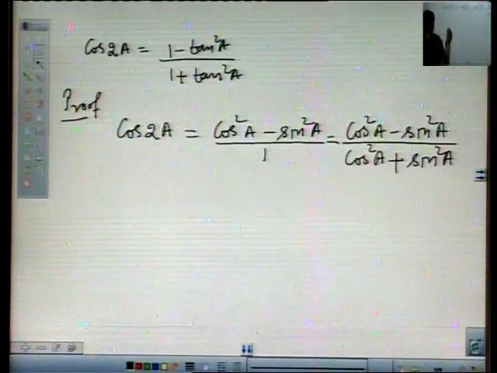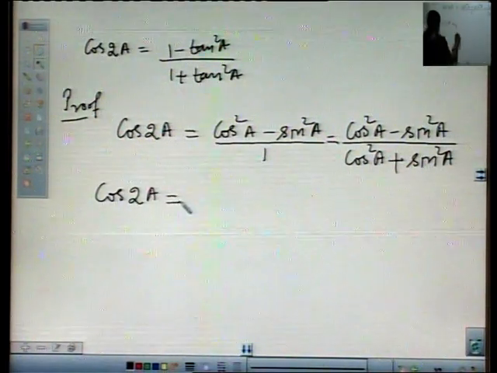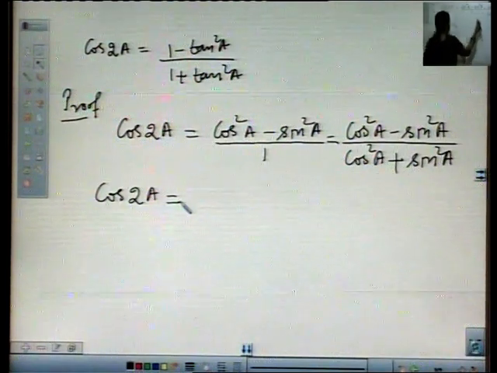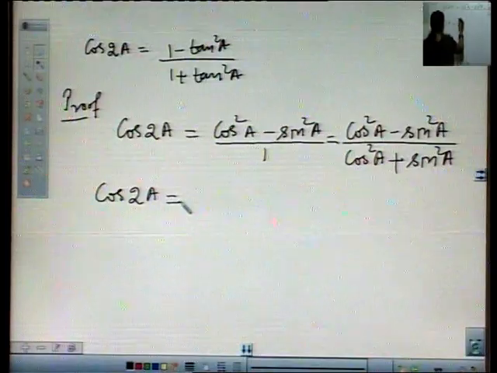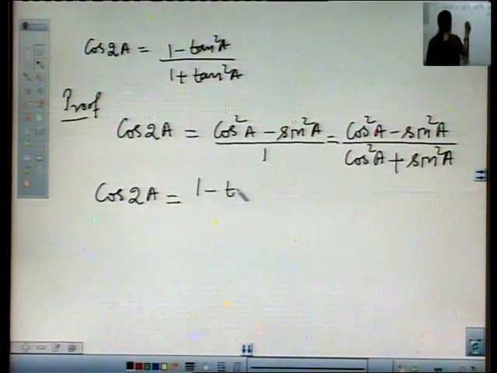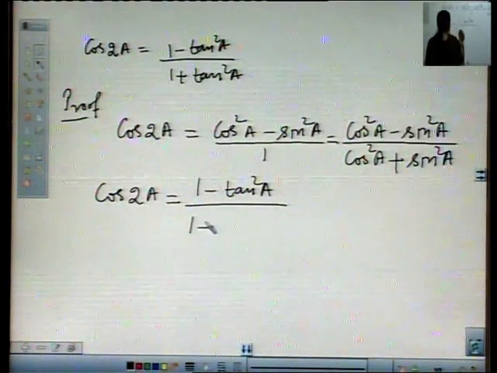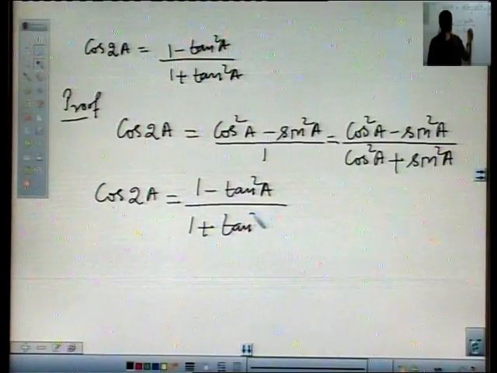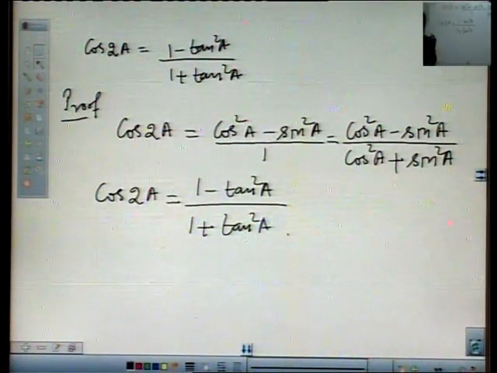So cos 2a is equal to, if we divide by cos square a in numerator and denominator, we get 1 minus tan square a over 1 plus tan square a. Hence proved.